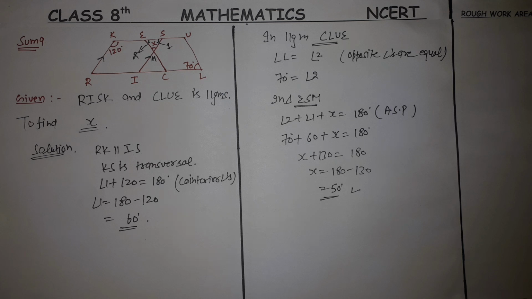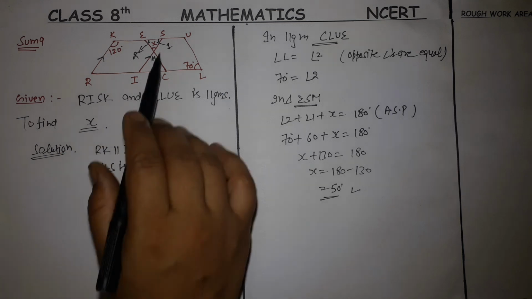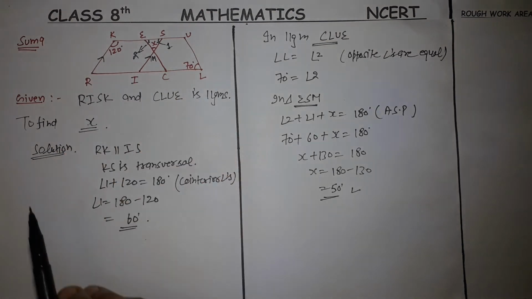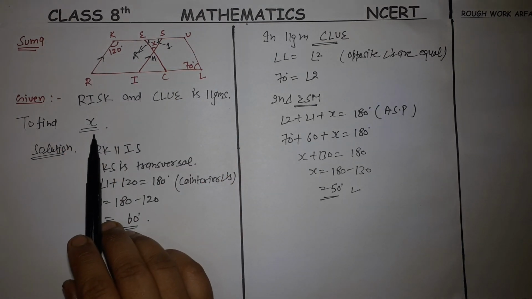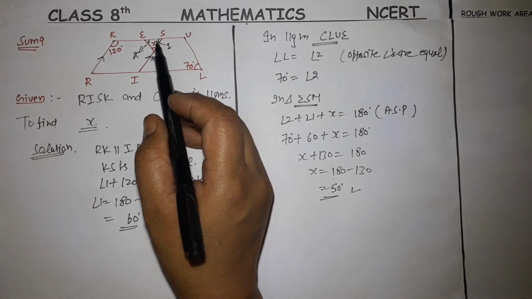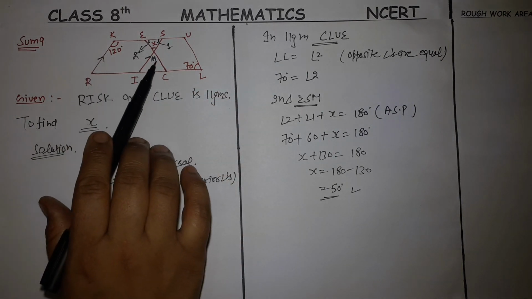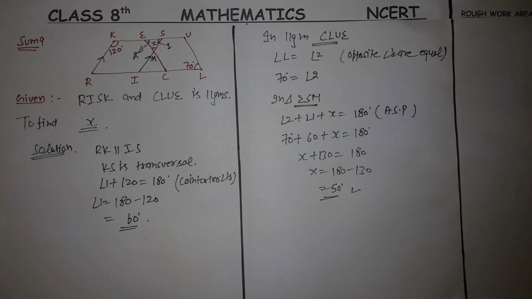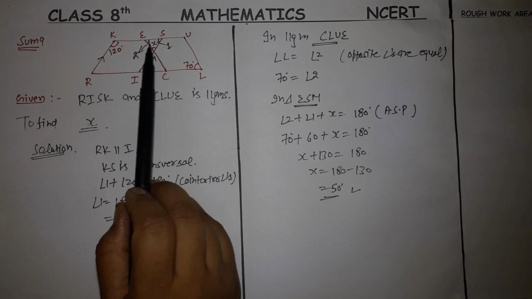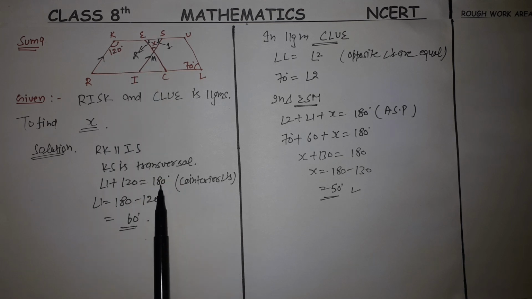Okay students, I repeat question number 9. RISK and CLUE are two parallelograms. We have to find x. For this you marked angle 1, angle 2. RK is parallel to IS, KS is the transversal. Then the sum of these two angles, angle 1 plus angle 2, is 180.